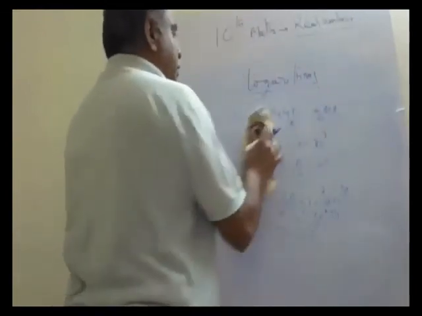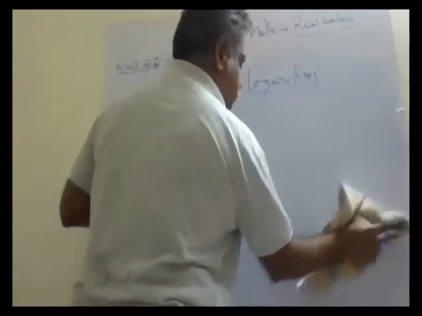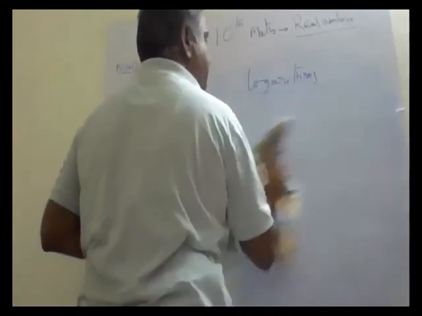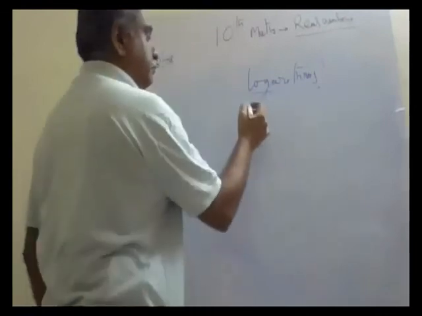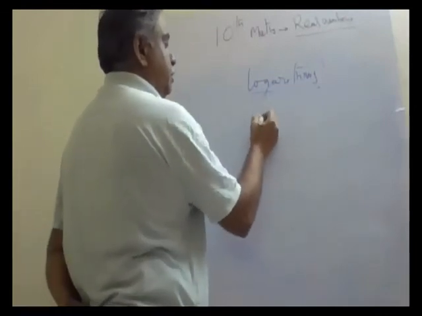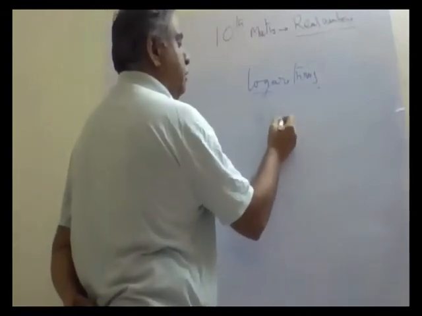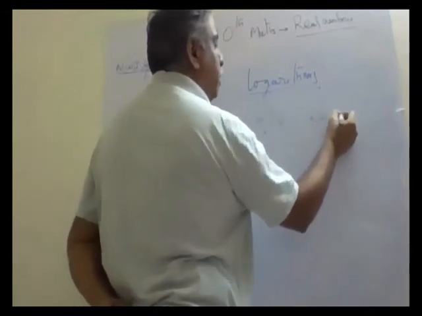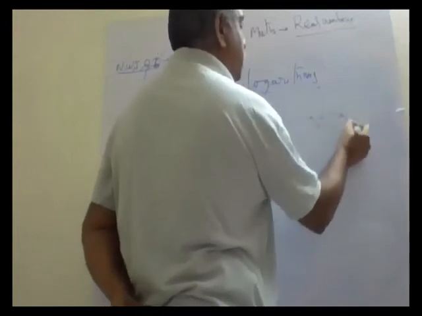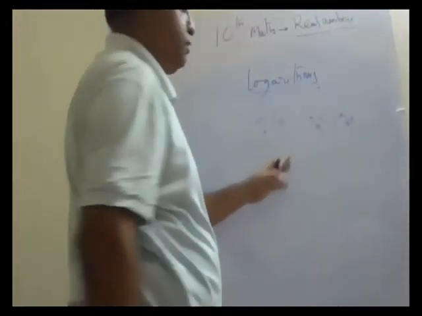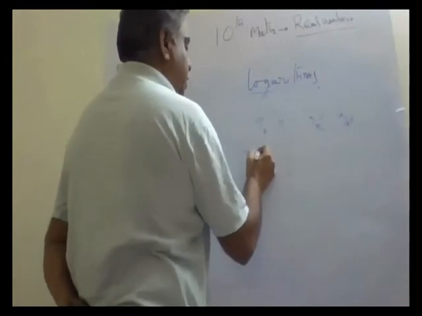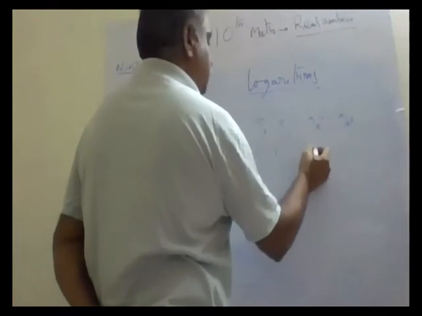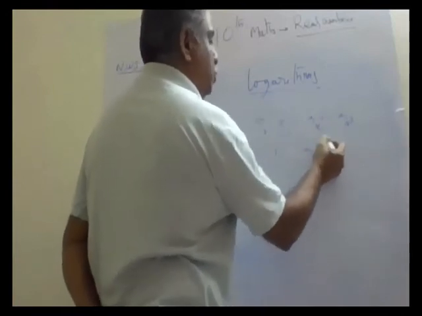We'll see the negative side. Log of a by b to base x is equal to log a minus log b, both to base x. Let us see this one. Log of a to base x, let it be p. Log of b to base x, let it be q.